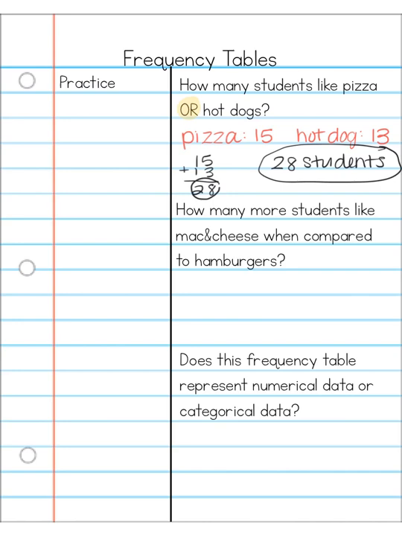The next question is, how many more students like mac and cheese when compared to hamburgers? That phrase, how many more students, is asking me to subtract, because I want to take the number of people that like mac and cheese and the number of people that like hamburgers and decide how many more are in the mac and cheese. So mac and cheese had a frequency of 12.